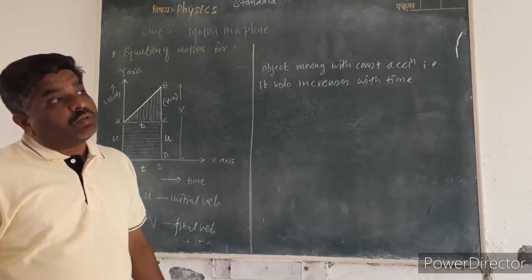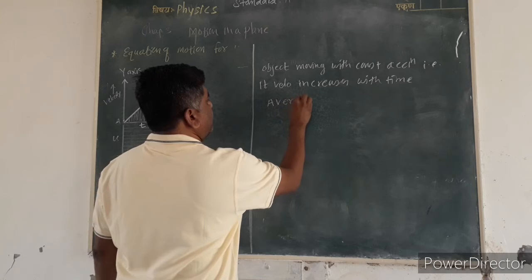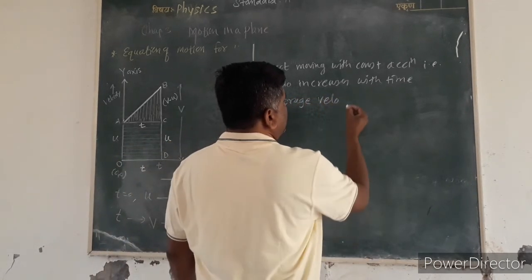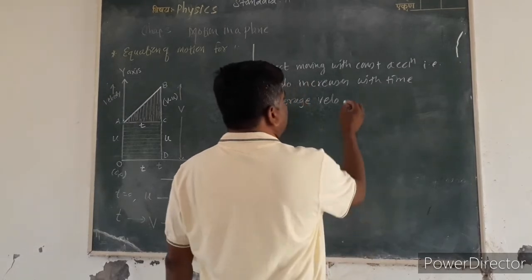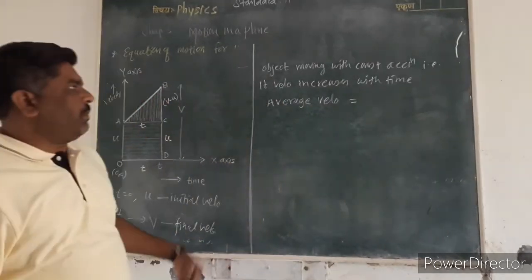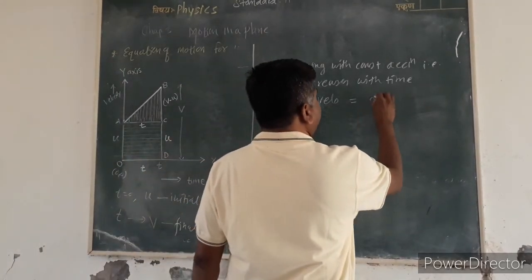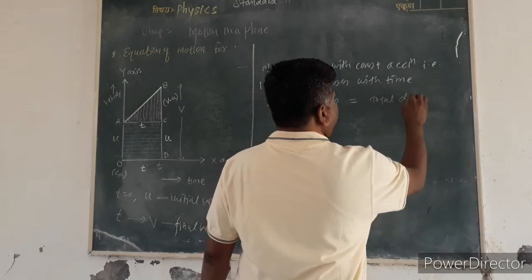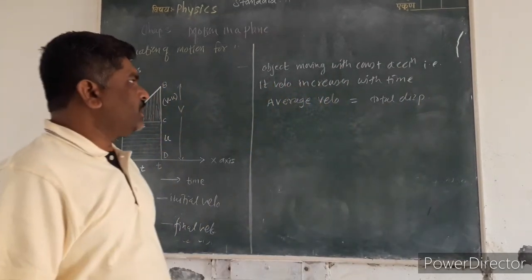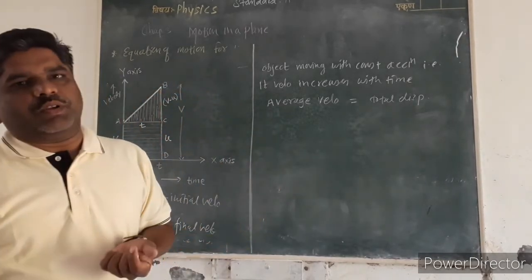That is, we get the average velocity. Average velocity is equal to the total displacement of the particle. If velocity changes, we find the average velocity.